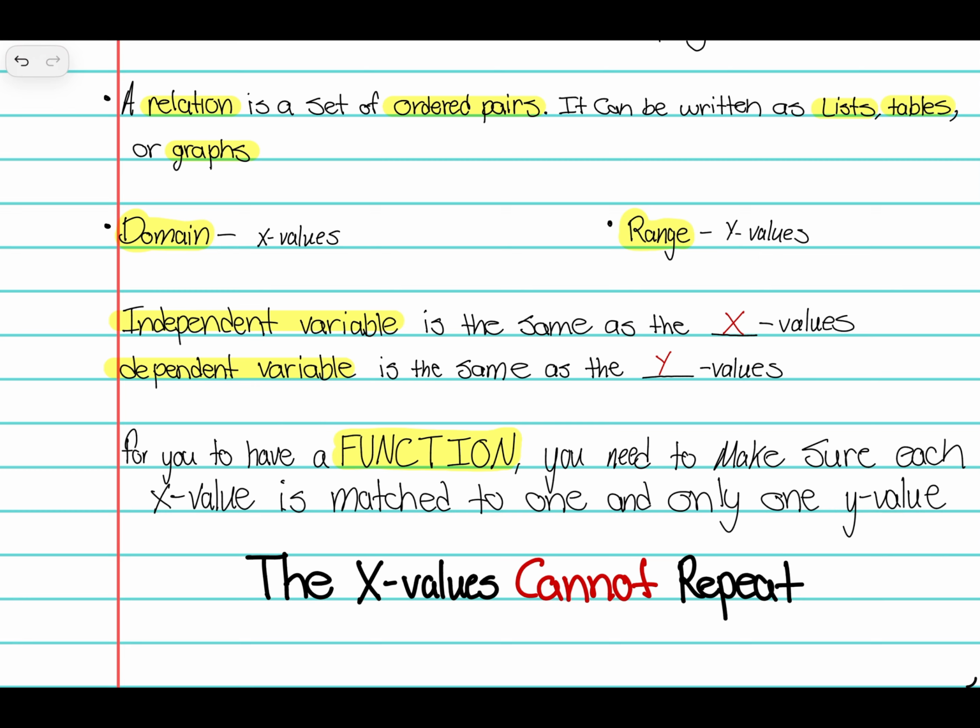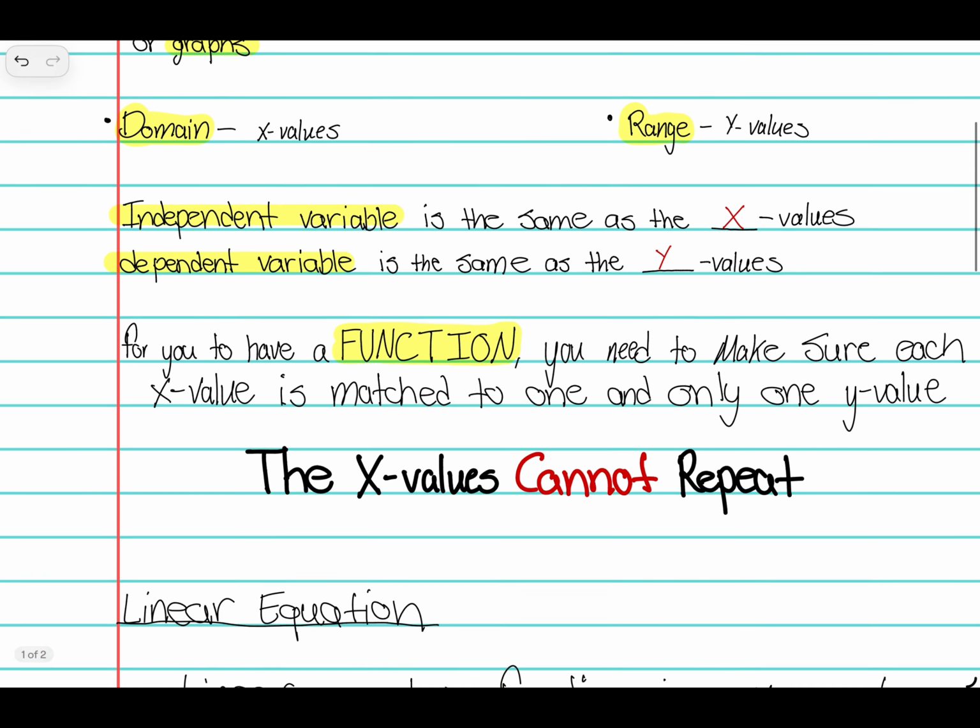To break that down a little bit more, the x values cannot repeat. So when we look at these lists, these tables, even when we look for an equation, we have to make sure that the x value cannot repeat. And if it does repeat, it's not a function. If it doesn't repeat, it is a function.